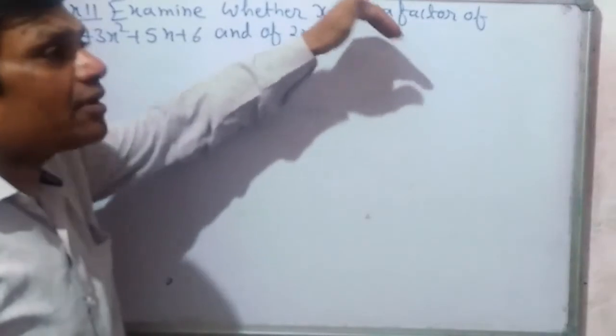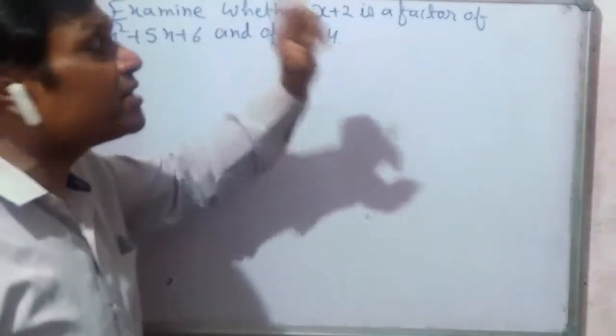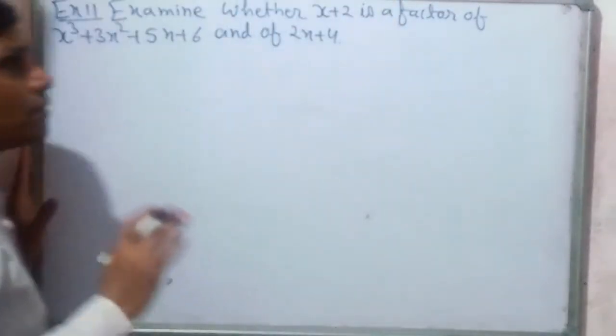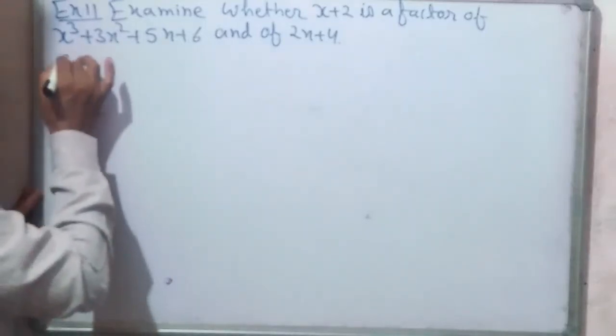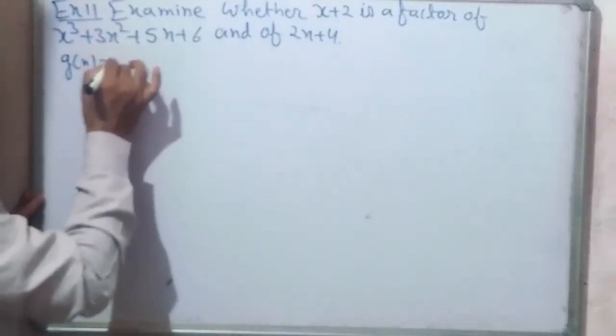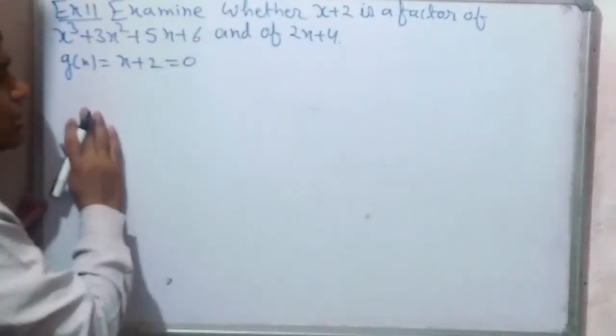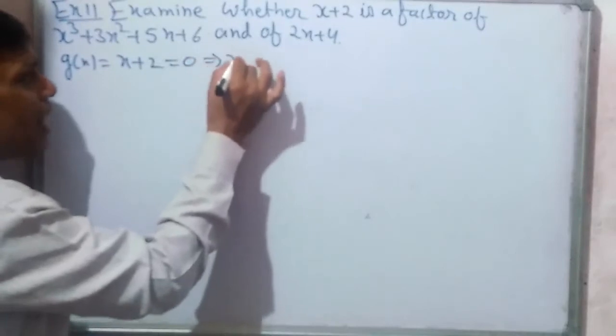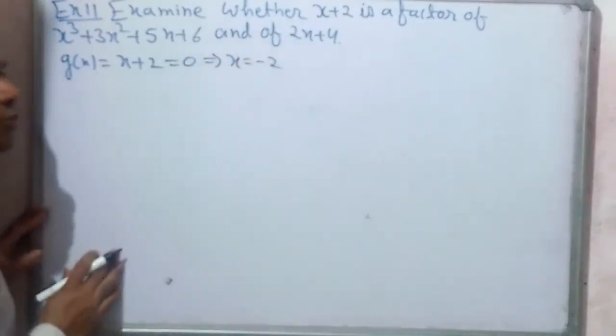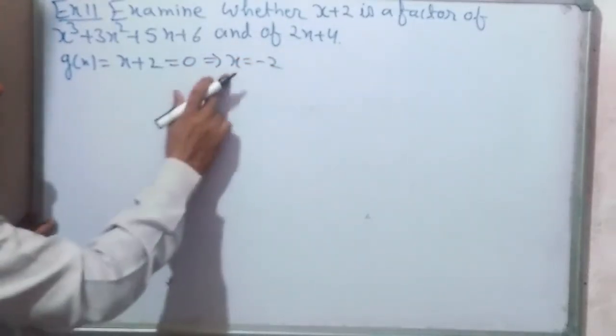From this factor, find the value of x, that is, put it equal to 0. So, what is our gx? gx is x plus 2. You put it equal to 0, you get x equals minus 2.